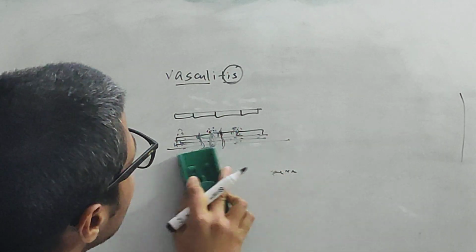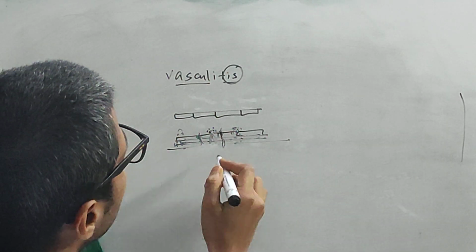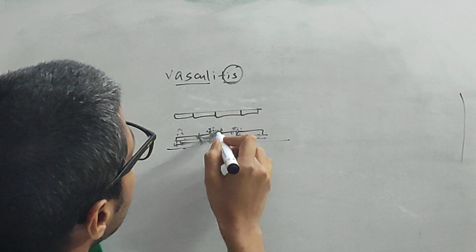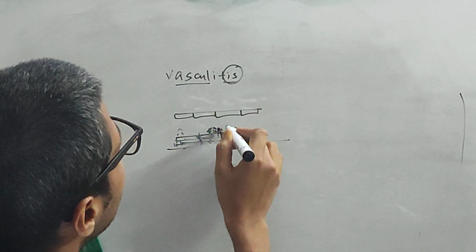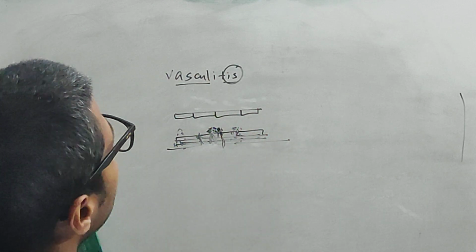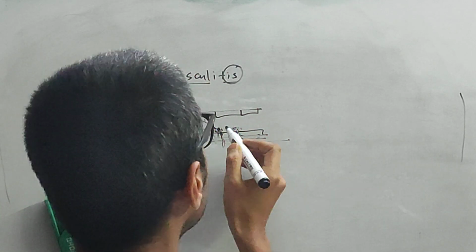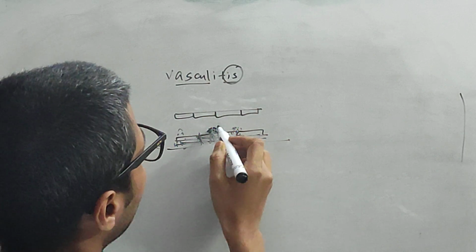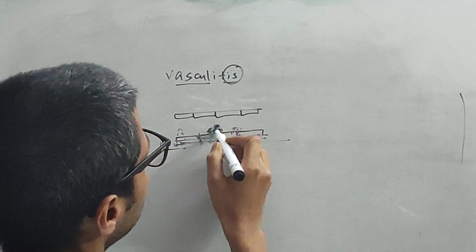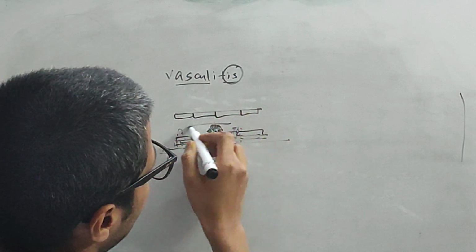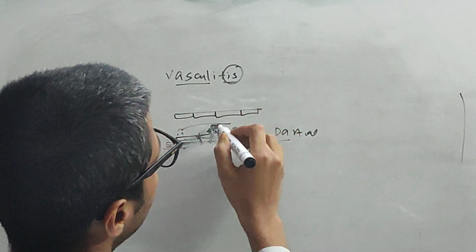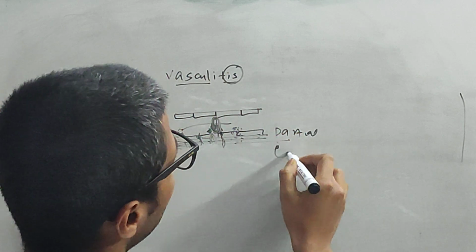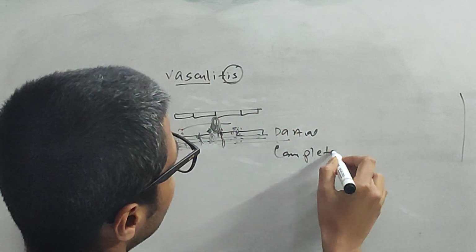So when there is inflammation in a segment of blood vessels, what happens? There is more recruitment of the cells, and you know this is one of the Virchow triad. It disturbs the rheological properties of the blood, and due to that there is thrombus formation. So due to this thrombus, there can be either partial obstruction of the blood vessels, or if it is completely occluding, then it causes complete occlusion of the blood vessels.